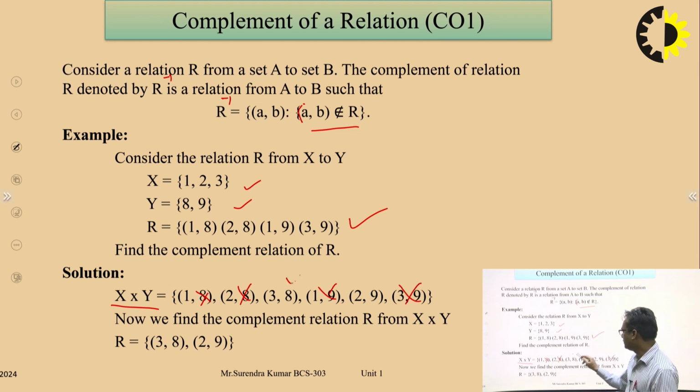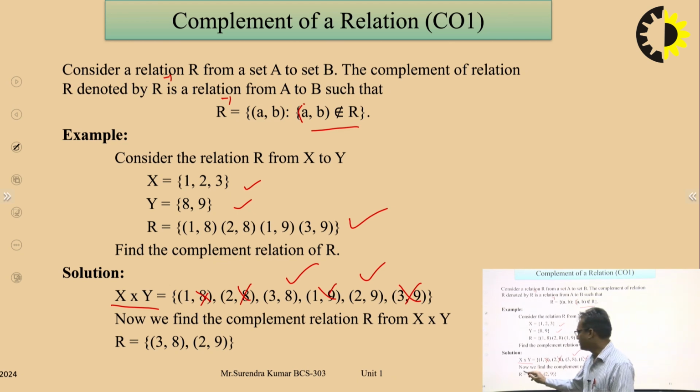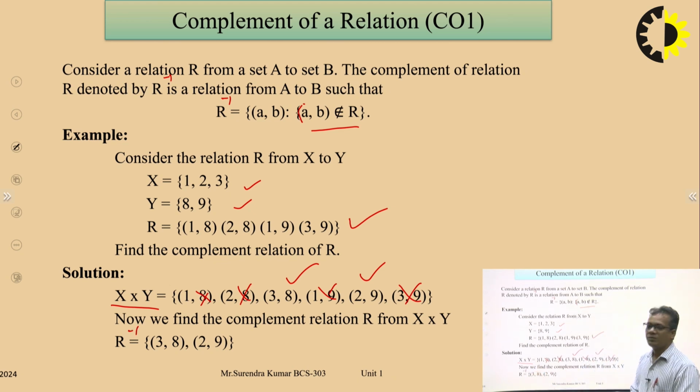The rest of the ordered pairs will be considered as R inverse, or the complement of the given relation.